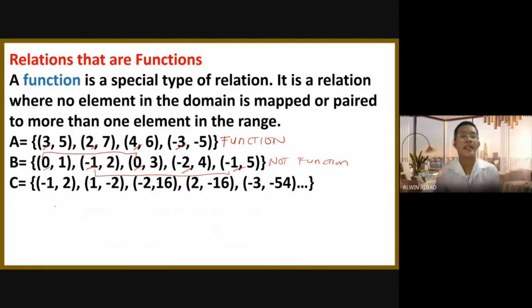Okay, next, set C. So we have negative 1, 1, negative 2, 2, and then negative 3. So wala tayong nakikitang repeated value. So therefore, it is a function. Okay, so ganun natin i-identify ang isang relation kung function or not function. Mag-base lang tayo sa domain natin.